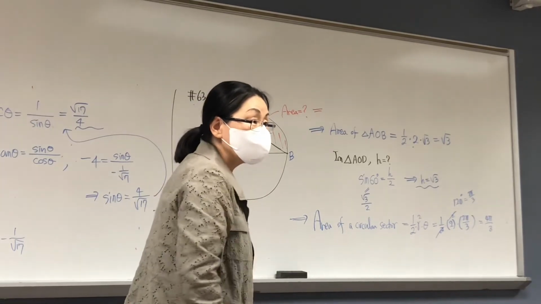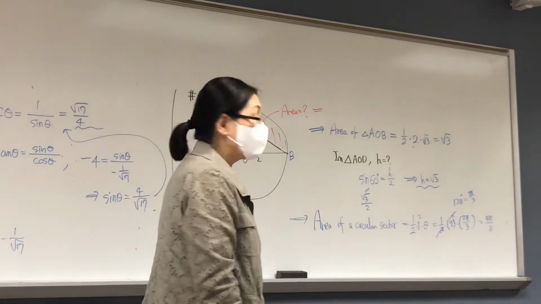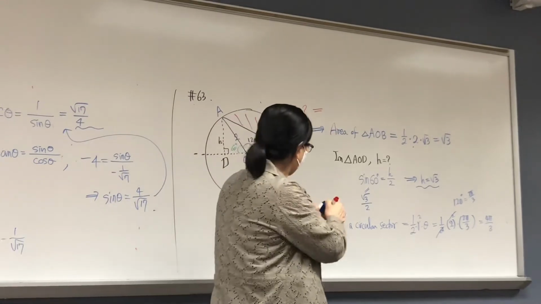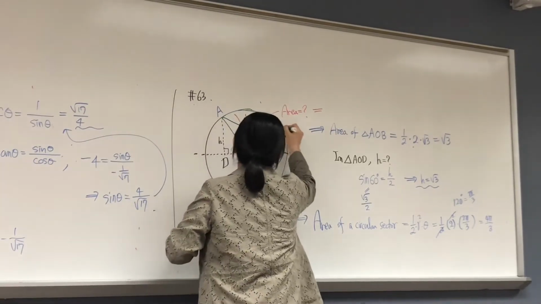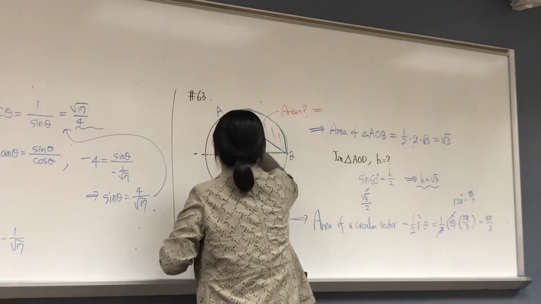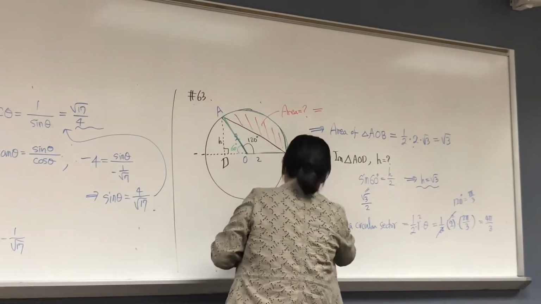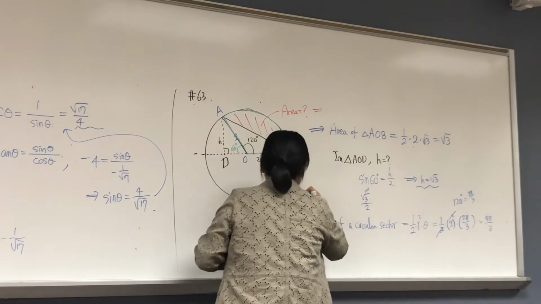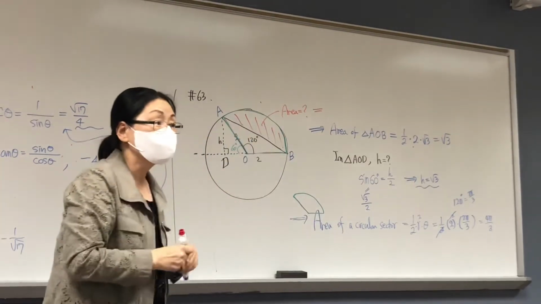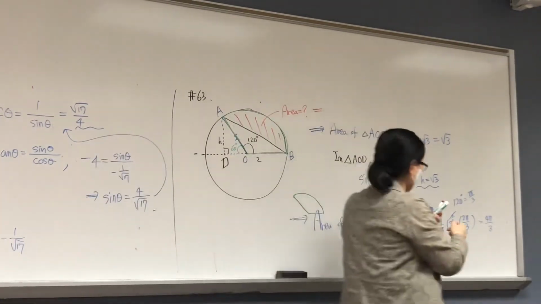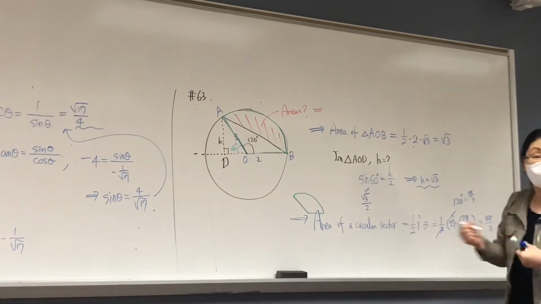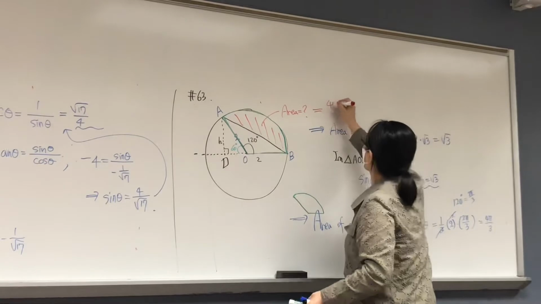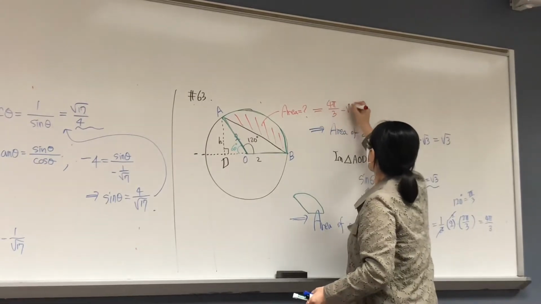This is the sector area. So the area means sector area minus triangle area, right? So what is it? 4 pi over 3 minus square root of 3.